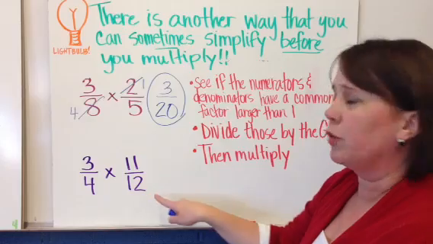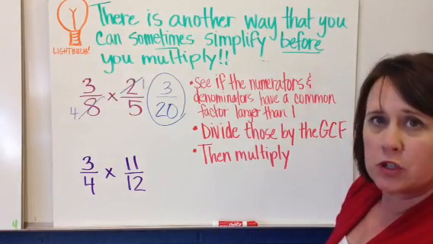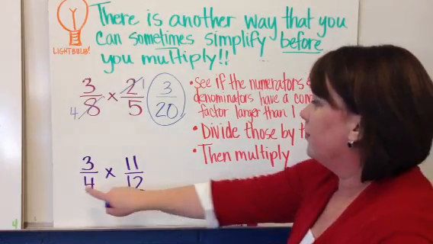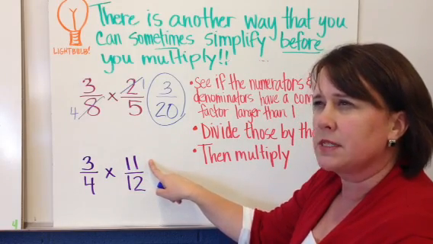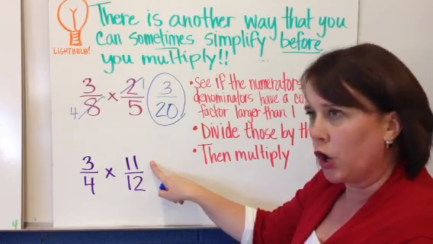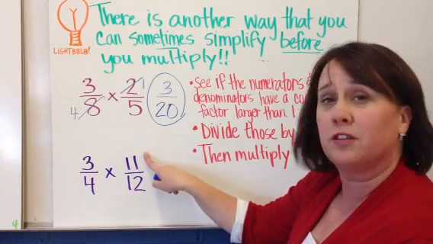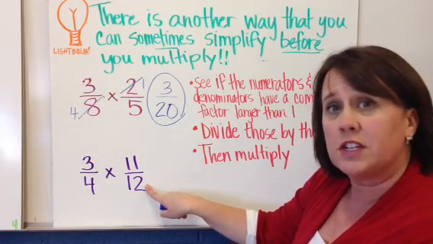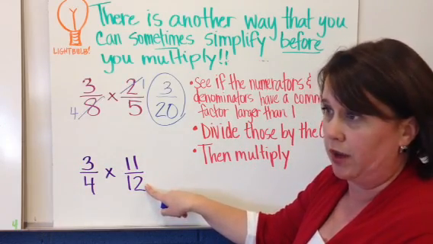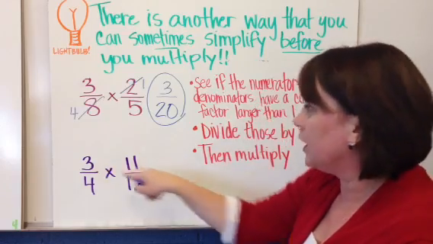Let's try another. 3/4 times 11/12. Again, look at the numbers that are diagonal to one another. 4 and 11. Does anything go into both 4 and 11 besides 1? No. So I cannot simplify here. But look at 3 and 12. Does anything go into 3 and 12 besides 1? Yes. 3 goes into both of these.